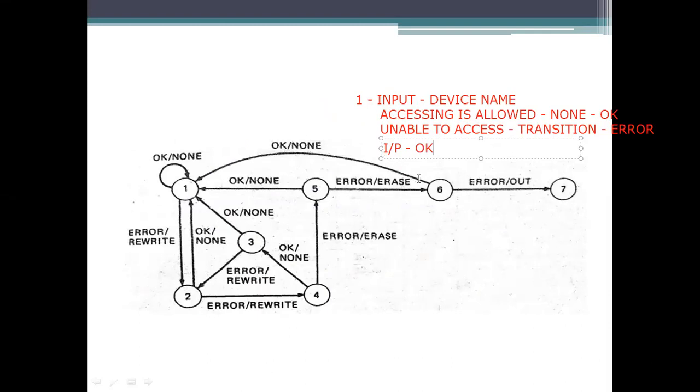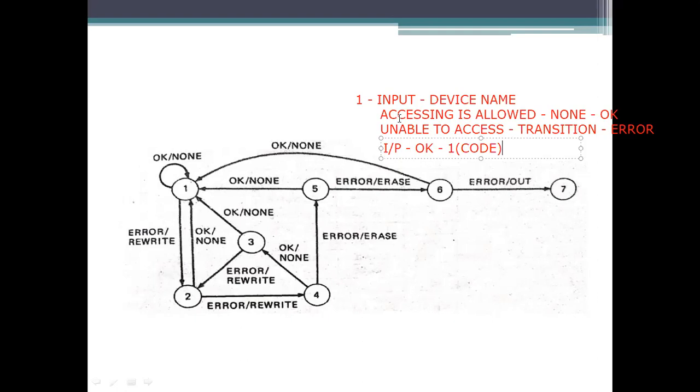We need to take the input code and the equivalent output representation, and we need to update the state here. Here the input is okay, so we need to specify the input code. I took it as 1. If it is error, specify it as 0. So here the input code is 1.